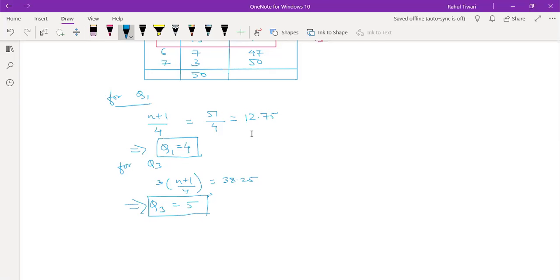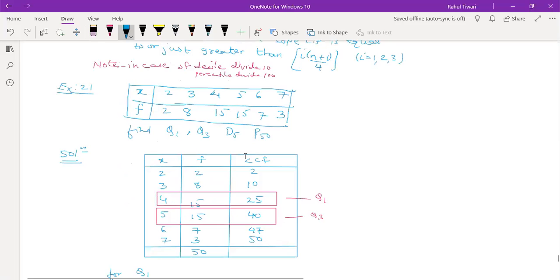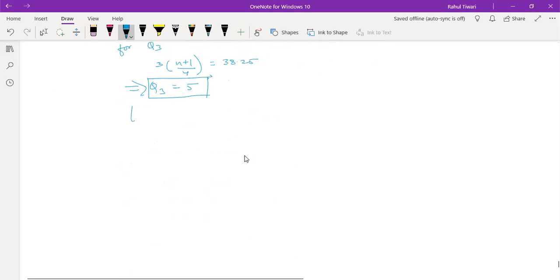What is the next one? D5. How do we calculate D? Can anyone tell me D5? What do we have to do for D5? 5 times (n plus 1) by 10. Yeah, calculate this.